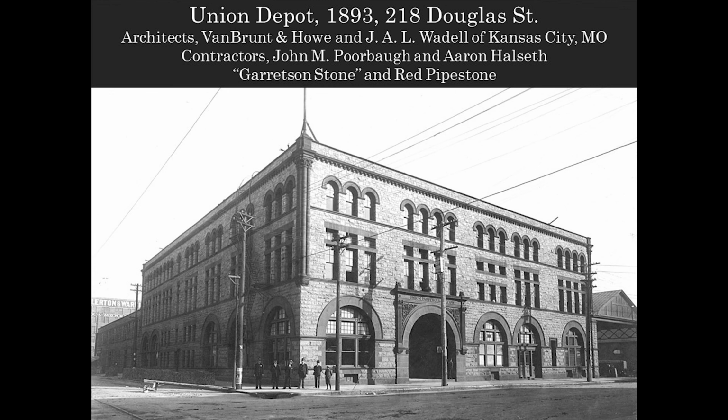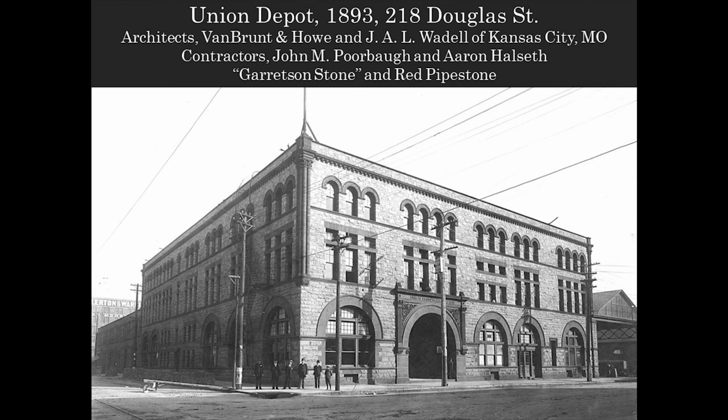The Union Depot at 3rd and Douglas Street was built in 1893. It was designed by Kansas City architects Van Brunt and Howe and J.A.L. Waddell. The building was built by contractors John M. Poorbaugh and Aaron Halseth, this building out of Garretson stone and red pipestone. I'm not exactly sure what Garretson stone is, but I'm guessing they meant quartzite from the Garretson, South Dakota area.